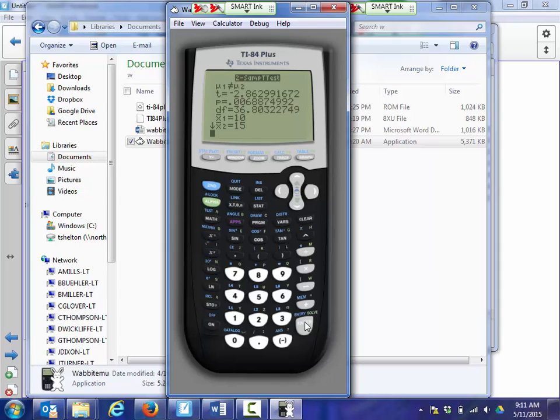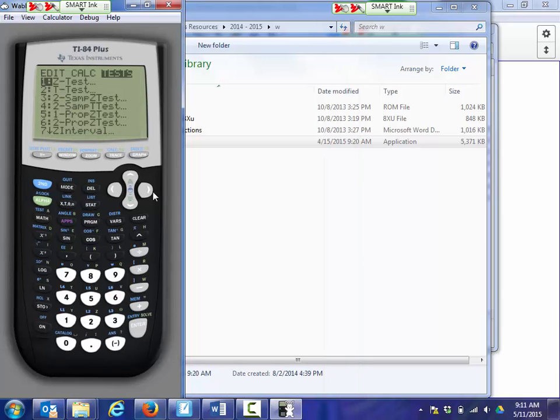Don't worry about the null and alternative hypothesis thing here. You can leave that blank. Pooled, no. And we're going to calculate this. And there's the degrees of freedom, something seemingly random, 36.8.